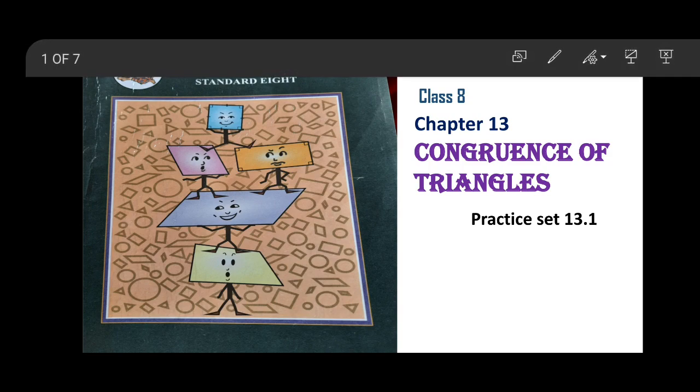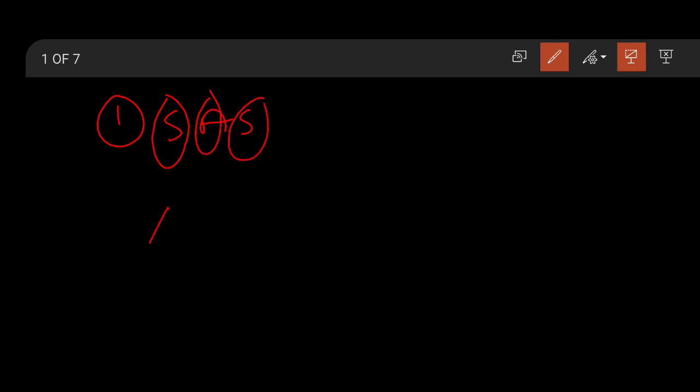So the very first test of congruence of triangles is the SAS test. SAS means side angle side test. In these two triangles, this side is equal to this side, and this side is equal to this side, and in between these two angles are congruent.